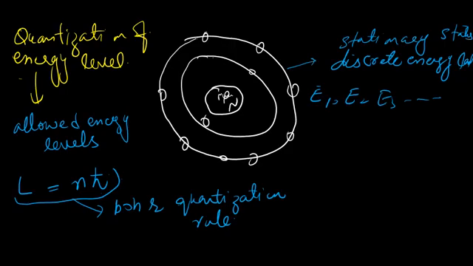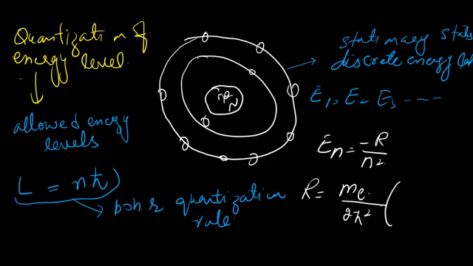We can find the energy of a level by the formula E_n equals minus R over n squared, where R is the Rydberg constant, equal to e divided by 2h squared into e squared over 4 pi epsilon naught r, whole squared.